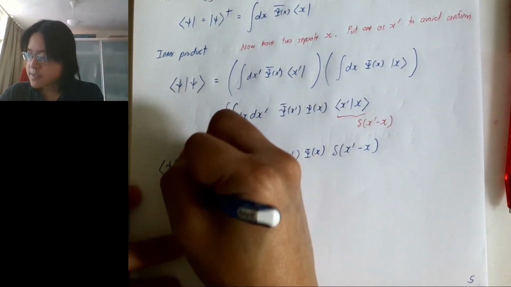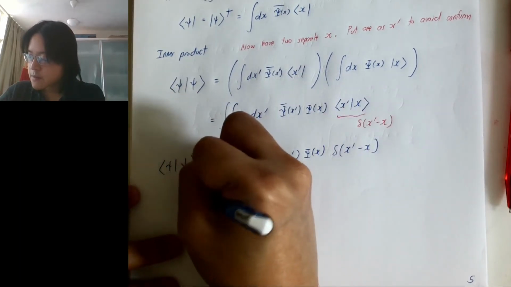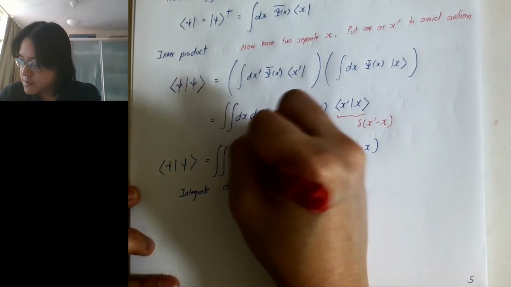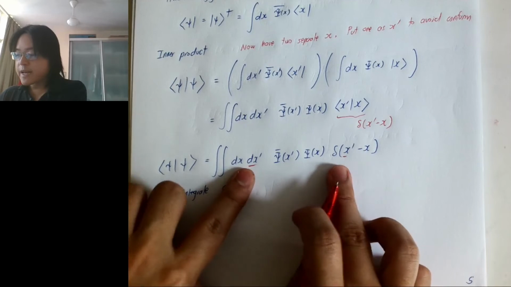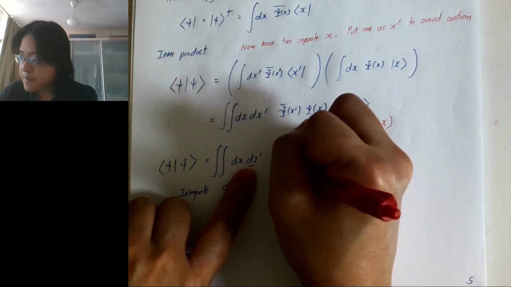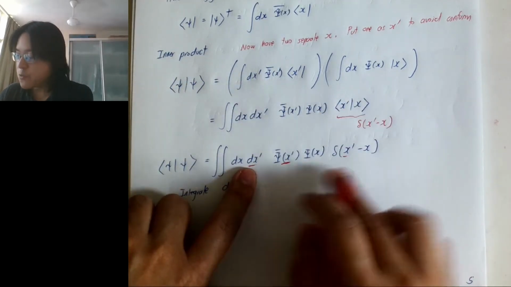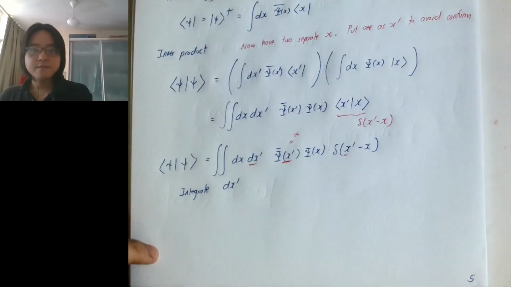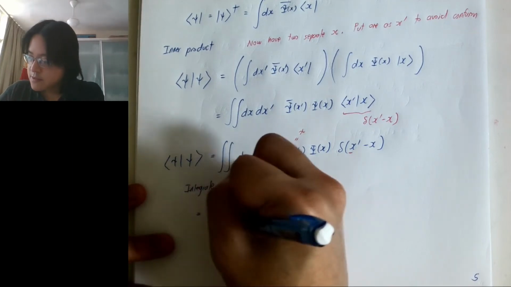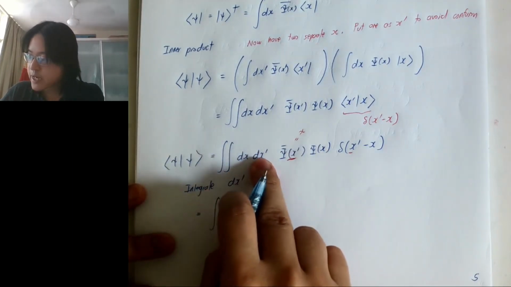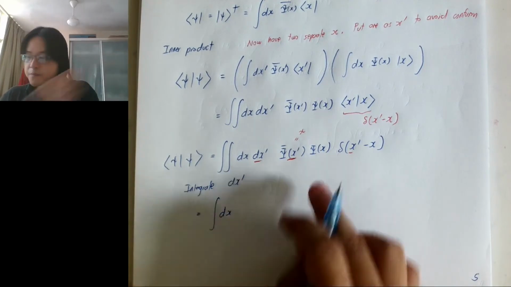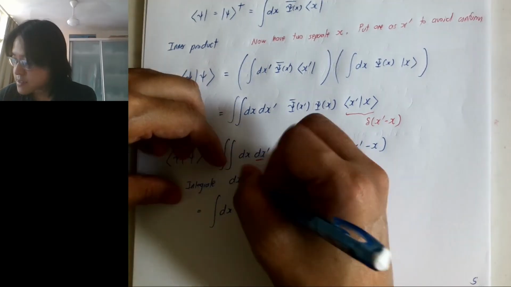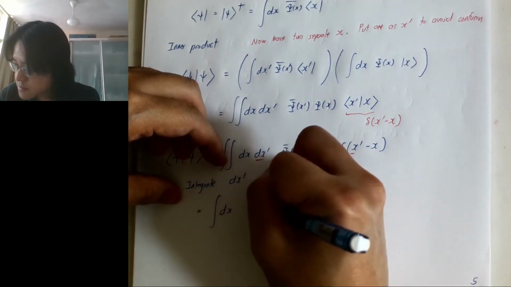Okay, so let's integrate dx prime, right? So I will integrate this function as a function of x prime. So when I integrate this function, this will pick up the value where these two are equal. So it will make this equal to x. Okay, so integrate out one dx prime. So this one I haven't integrated yet, but when I integrate the x prime, the x prime will change to x, right?